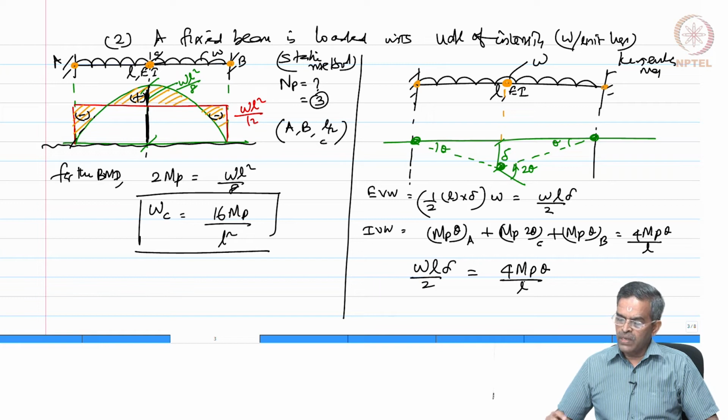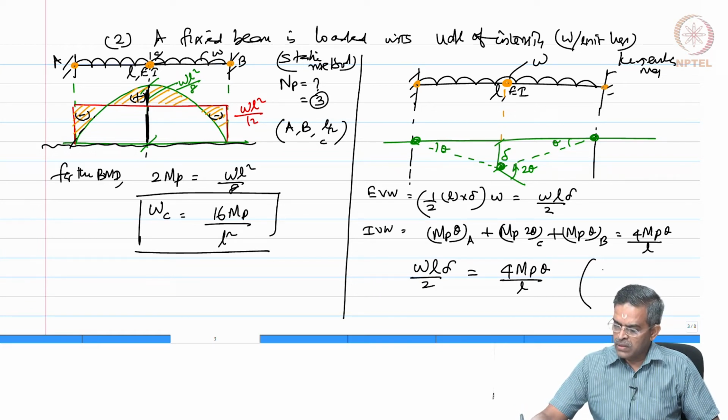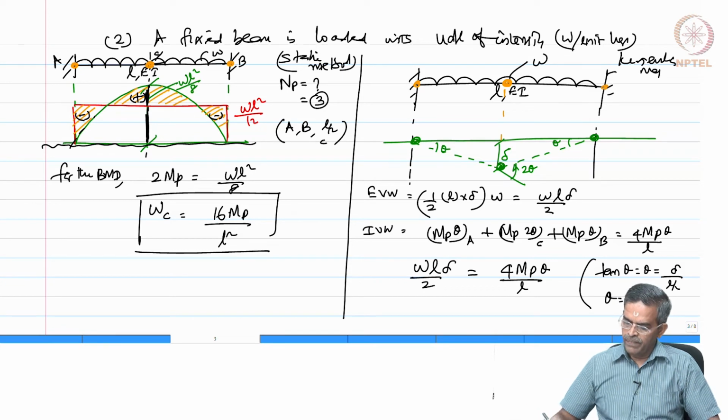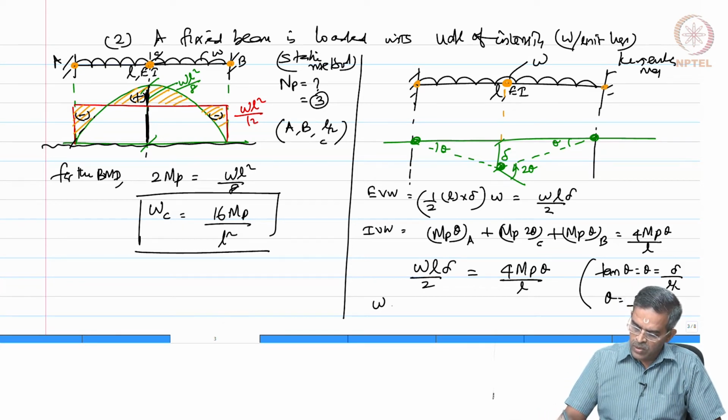So, from the figure we know that tan theta is del by L by 2. So, theta becomes 2 del by L. Let us substitute that. So, W into L del by 2 is 4 MP into 2 del by L, so del goes away.